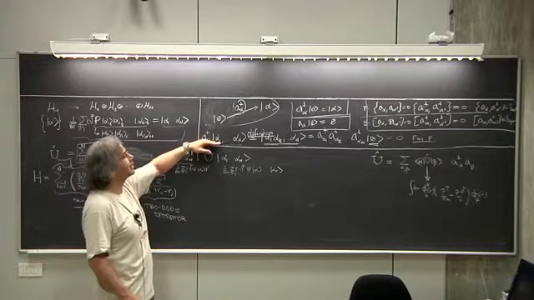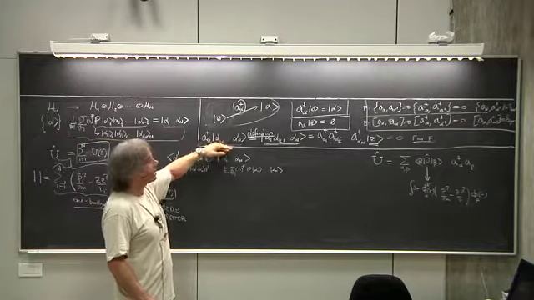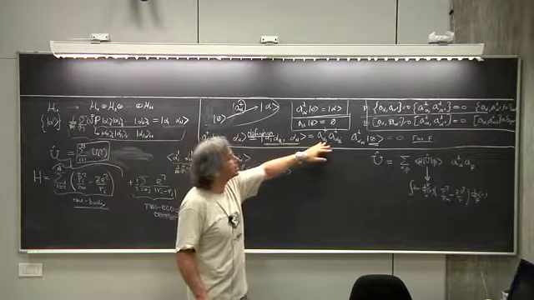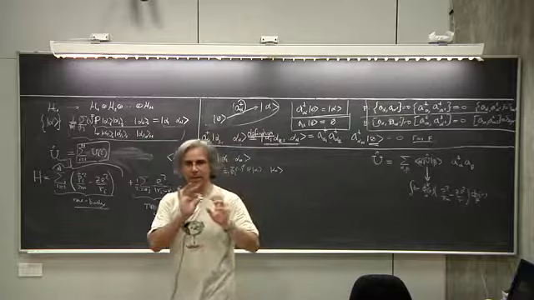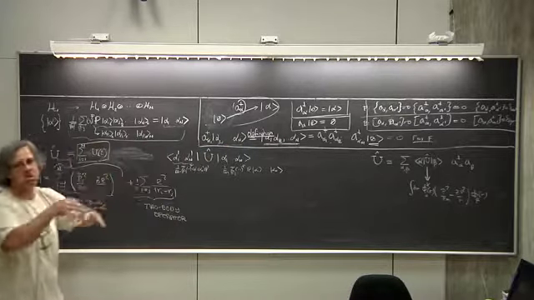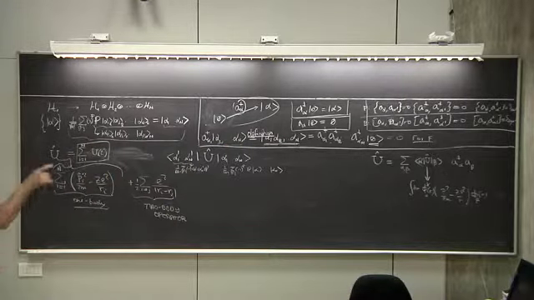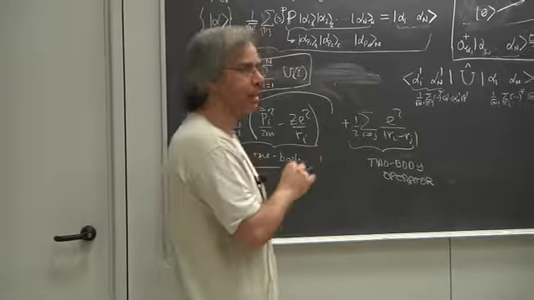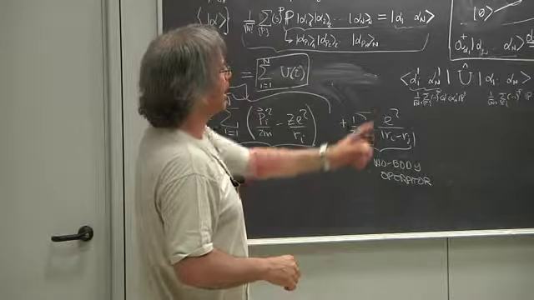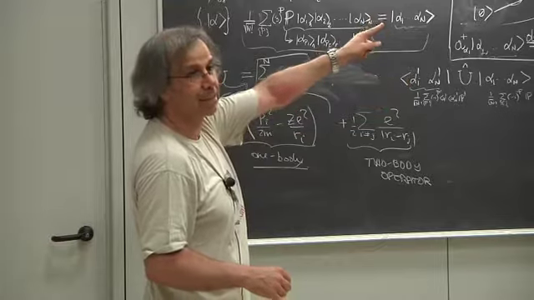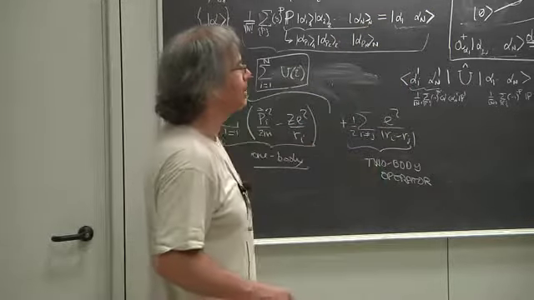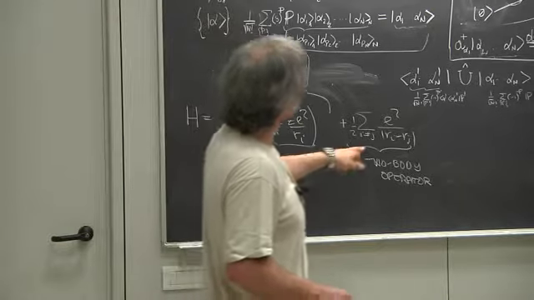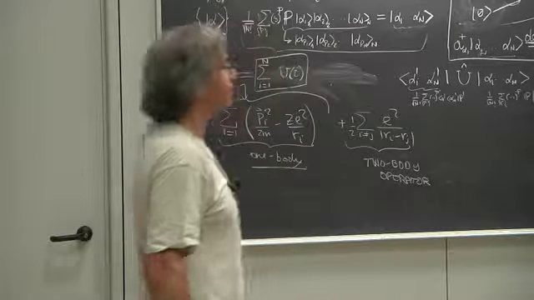Until now, I have just introduced the rule of the game, and I told you that the states can be written in this way, and there are some tricks about how to manipulate the states, but these are simple consequences. Now I would like to show the crucial thing, that in some sense, I can write not only the states, but also the operators. For instance, the one-body operator would look like that. Then later on, I will show you how to write two-body operators. Okay?